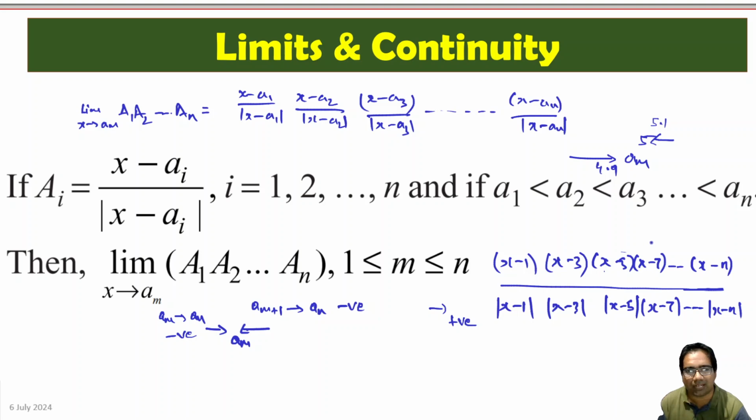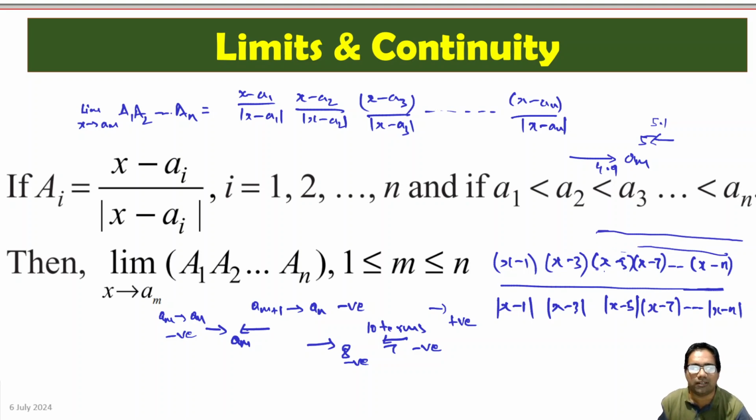For example, when you are approaching from the right side, let's say there are total 10 terms and 7 are negative. When you are approaching from the left hand side, this one will also be negative, so 8 are negative. Whichever one you take, when you are approaching from the left hand side, one more term becomes negative.